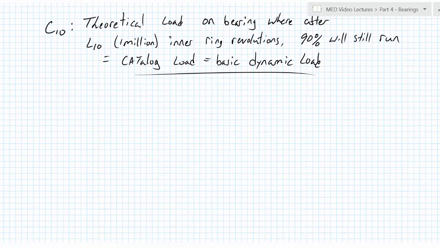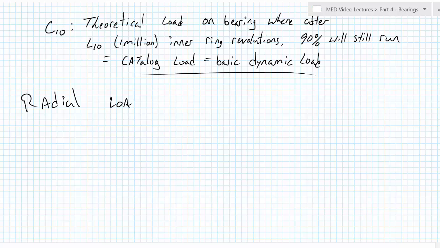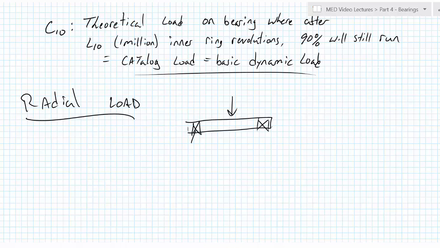So let's begin with the simple case, which is just radial loading. For example, we've looked at this beam before, where we put a force in, and we assume there are some reactions at these bearings, and we found what these reactions are. Now we're going to be looking at how those reactions relate to the type of bearing that we need to select.